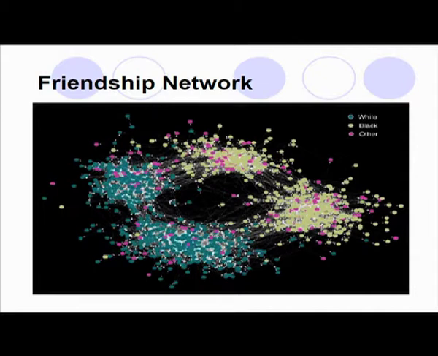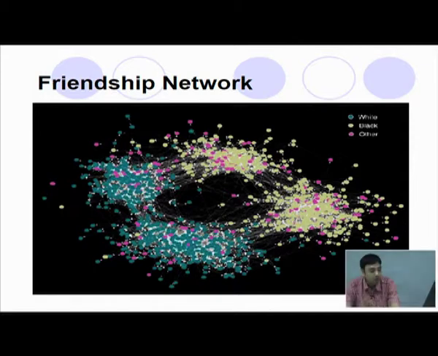As you can immediately see, there is a bipartition happening in this network. Blacks tend to be more friends with other blacks, and whites tend to be more friends with other whites, whereas friendships between blacks and whites are much less. That becomes pretty apparent from this network.